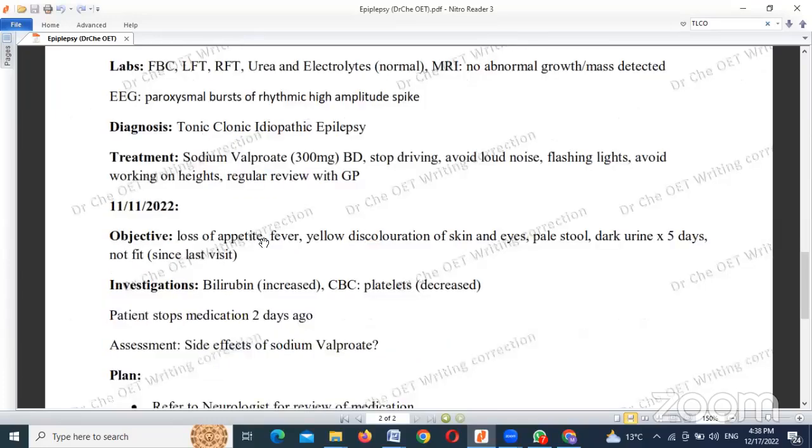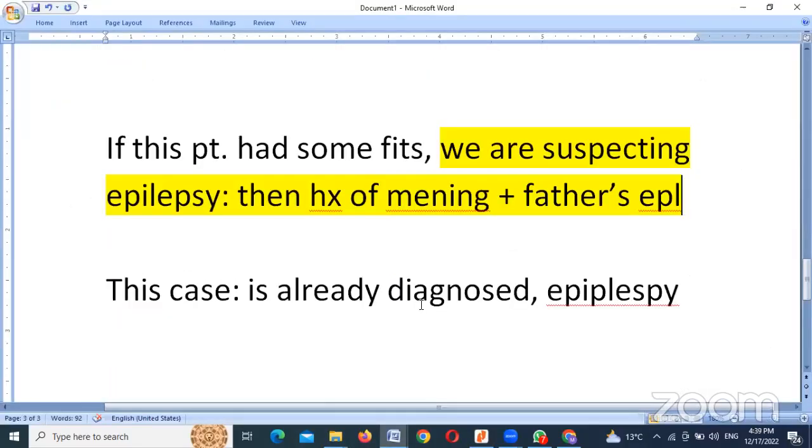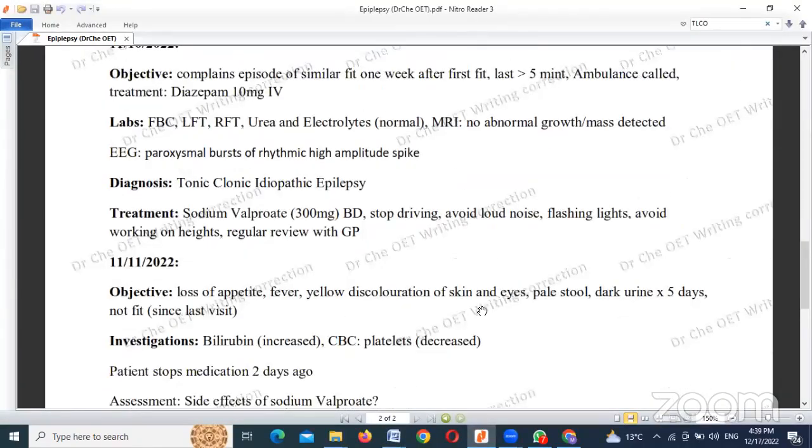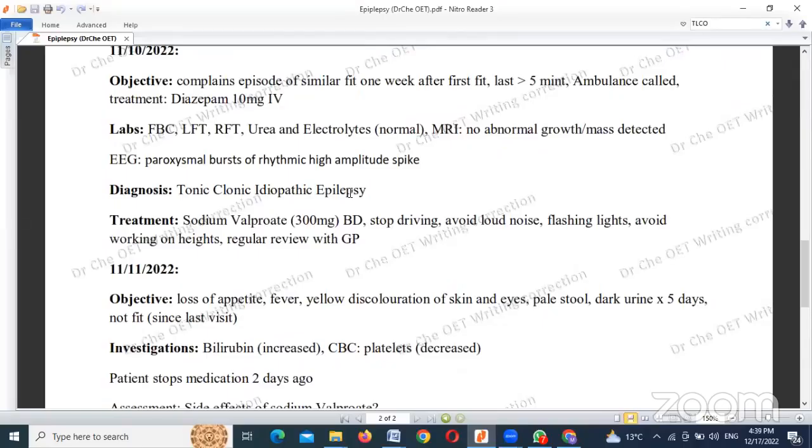Now the problem is just that the patient is having some side effects of the medication that we prescribed in the second last visit. So do you think telling the reader that the father has epilepsy, and that this patient had meningitis a year ago, is relevant now? The purpose is just to review the medication, because we have already diagnosed the epilepsy.